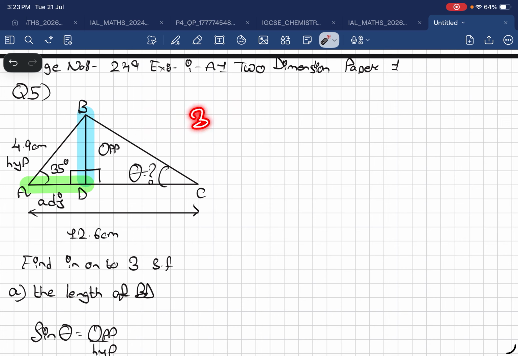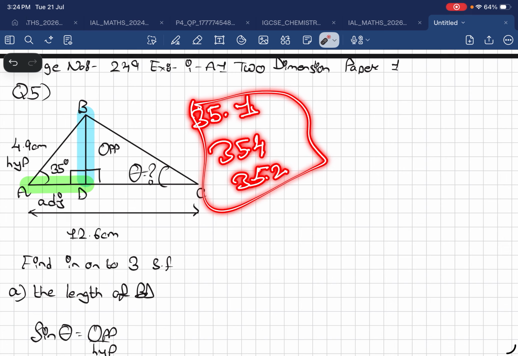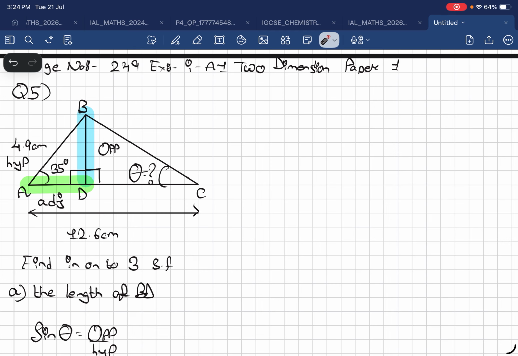They are the magnitudes that they gave. So if I find this angle, we will get it in decimal places. Suppose we get a value of 35.1 or 35.4 or 35.2. See, the thing is we got the answer in decimal places, which will affect your final answer. That's why we didn't consider this angle.